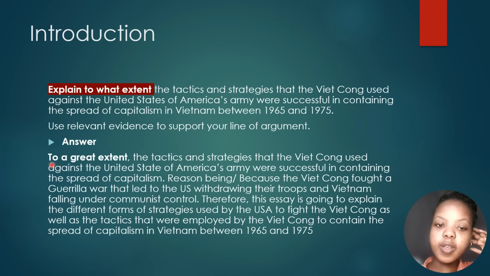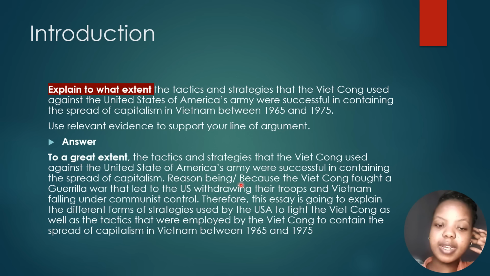Step number 1, you take a stance: to a greater extent. To a great extent, the tactics and strategies that the Viet Cong used against the United States of America's army were successful in containing the spread of capitalism in Vietnam between 1965 and 1975.